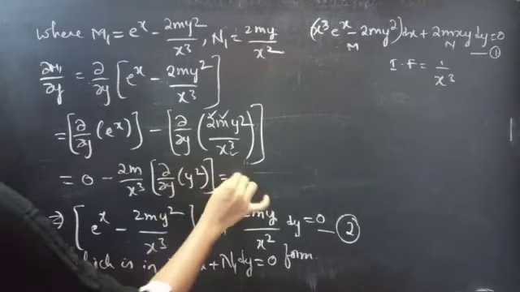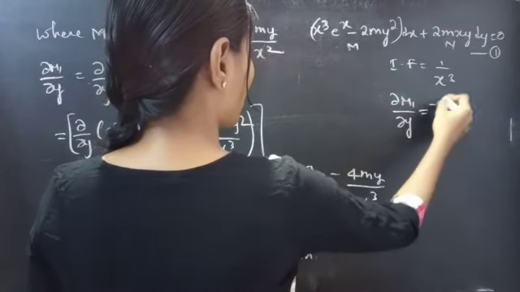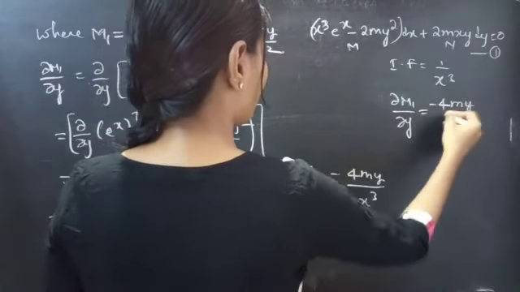Therefore, partial derivative of m1 with respect to y equals minus 4my by x cube.